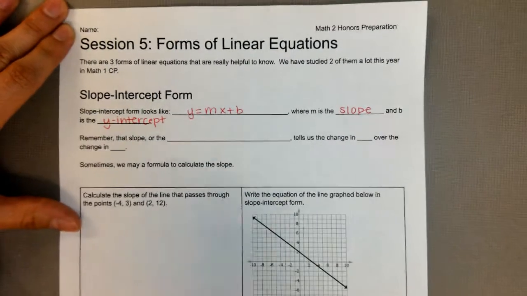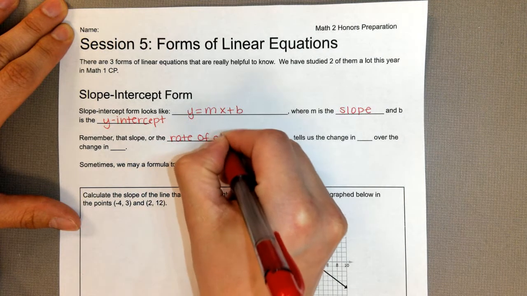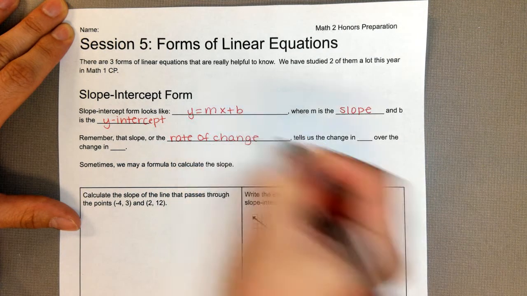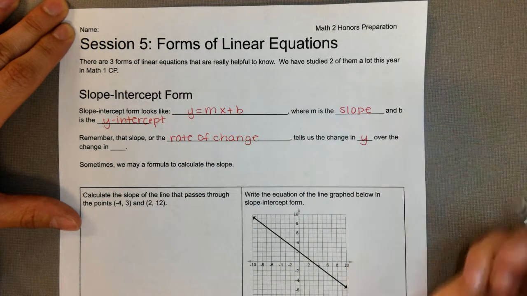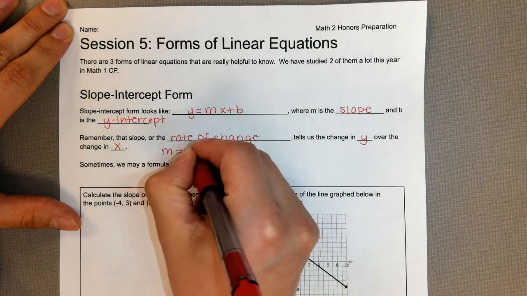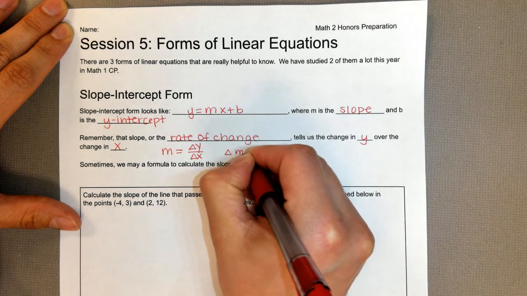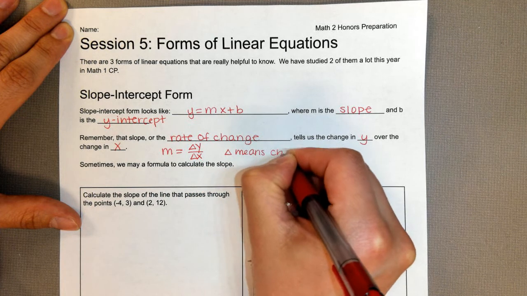Remember that slope, which we also call the rate of change, tells us the change in y over the change in x. So sometimes you might see m written as delta y over delta x, where delta means change.